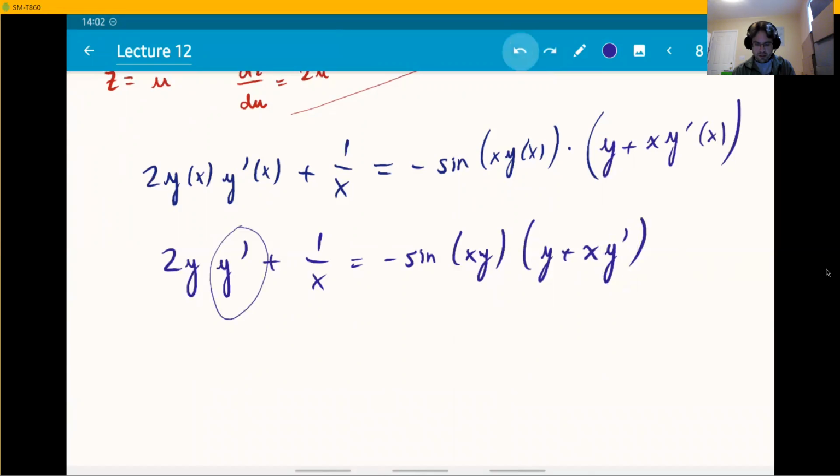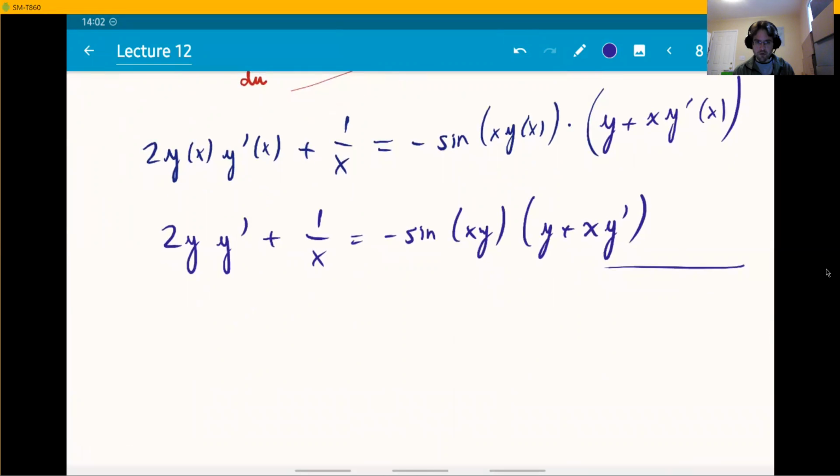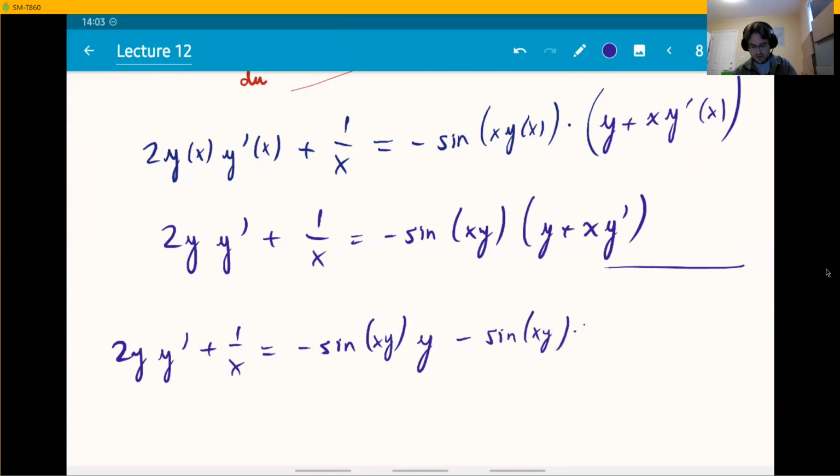This one right here is already an implicit one. So this is a final answer if you want. You can end here. Though in many occasions we actually want to solve for it in this equation. So I'm going to go ahead and do that in here just to show you. This is not really a complicated equation to solve for y prime, because if you expand the parentheses in the second term, you have minus sine of xy times y minus sine of xy times x y prime.